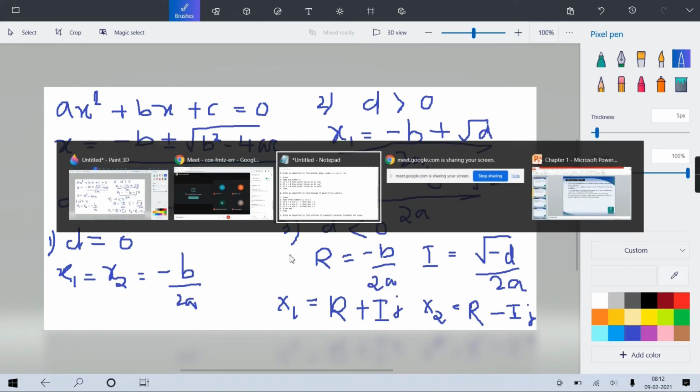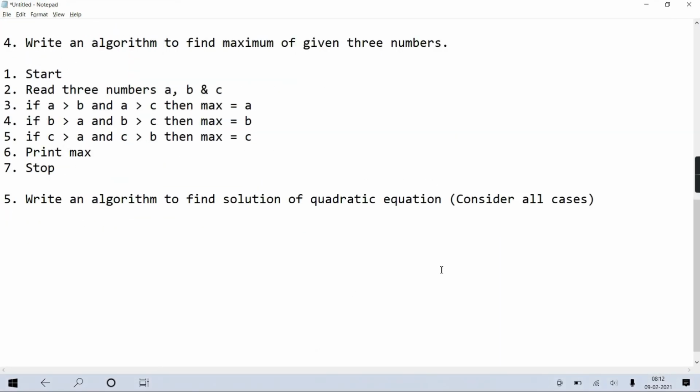See, we will write. First, I'll put a logical start here. Then, accept or read three coefficients, coefficients A, B and C. That is the main thing.